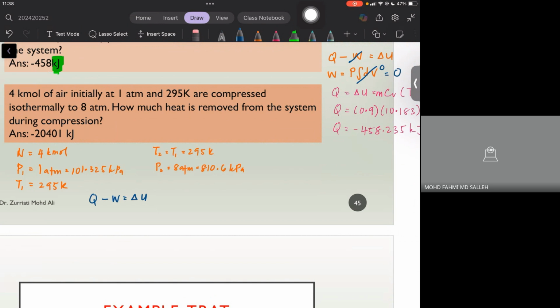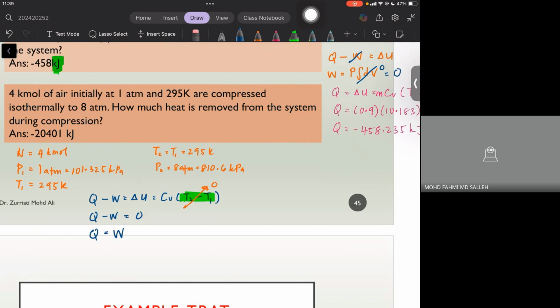The internal energy is given by Cv times T2 minus T1. Since the temperature is the same, the difference is 0. So what's left is Q minus W equals 0, thus the heat transferred equals the work for this isothermal process.